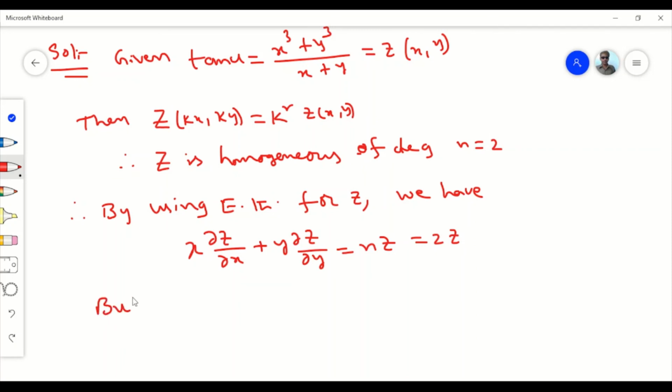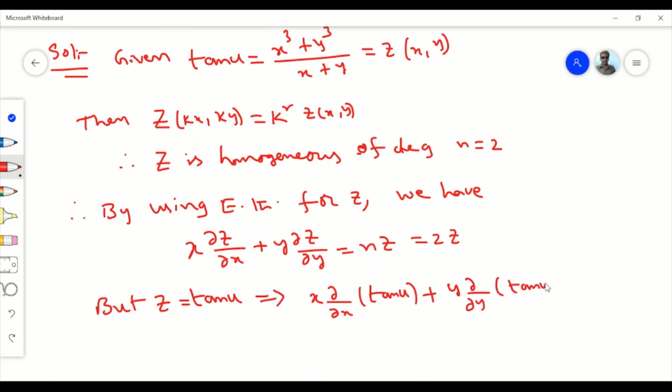But what is z? It is tan u. So replacing z by tan u, you will get x dou by dou x of tan u plus y dou by dou y of tan u equal to 2 tan u.